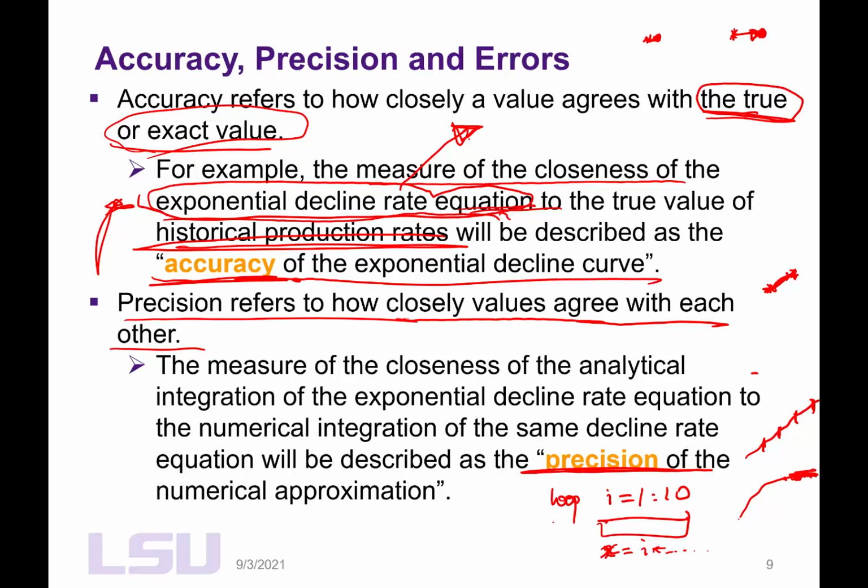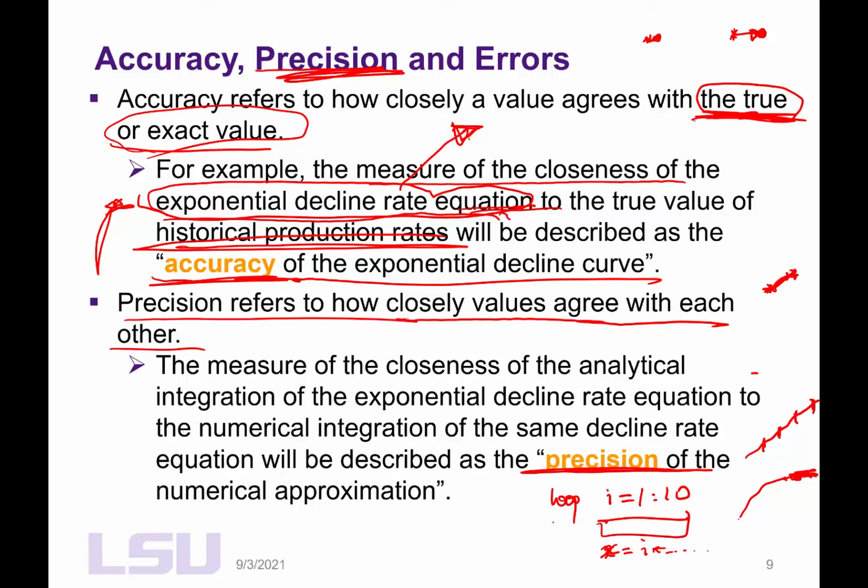You're just comparing two approximate values. So you're comparing two approximations, and there is no concept of having the true value. When you're comparing your single estimate to the true value, then you're talking about accuracy. When you're comparing two estimates, you're talking about precision.